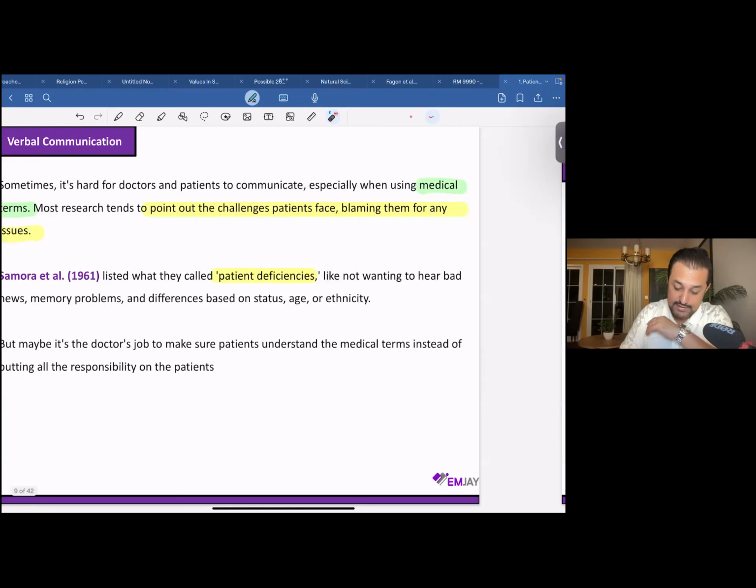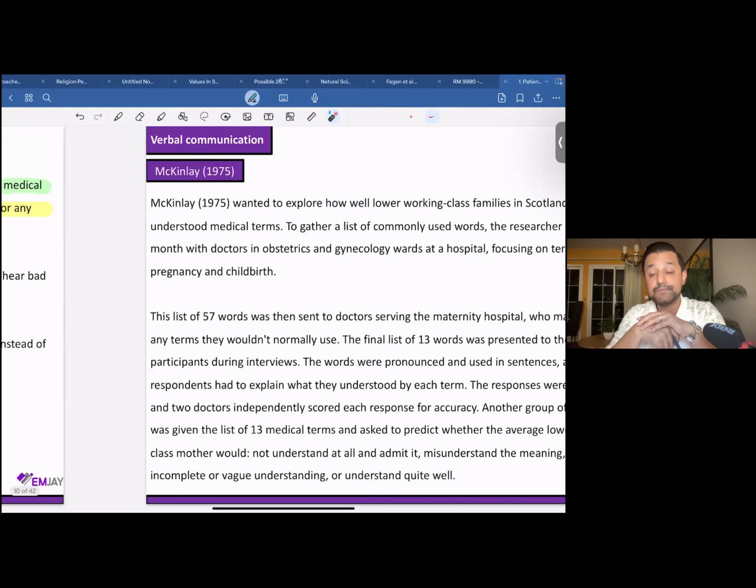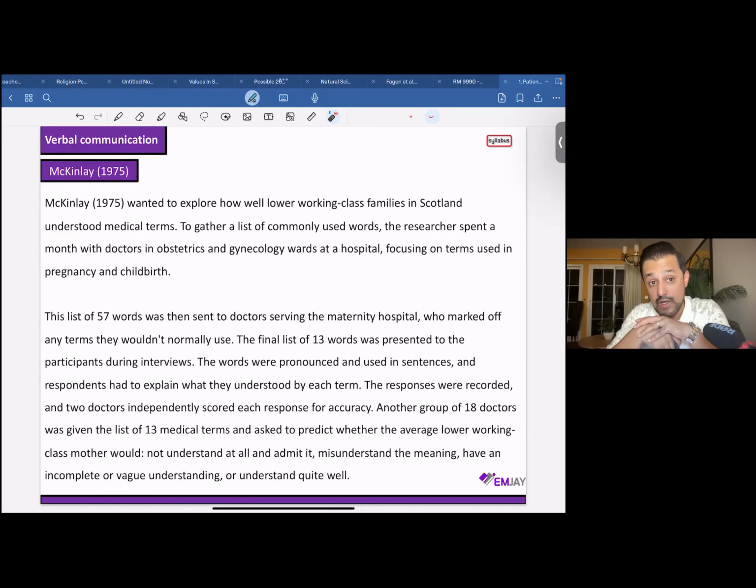Now, taking this ahead, this study that is a part of the syllabus was conducted by McKinlay in the year 1975. This study has to do with verbal communication. Before this, the study conducted by McKinlay and Wang had to do with nonverbal communication. This is verbal communication. McKinlay in 1975 wanted to explore how well lower working class families, checkpoint number one, we're talking about a particular social class, understood medical terms.